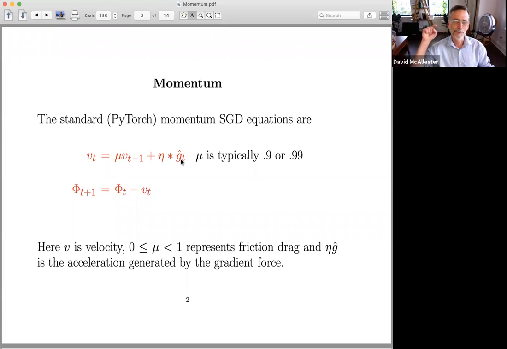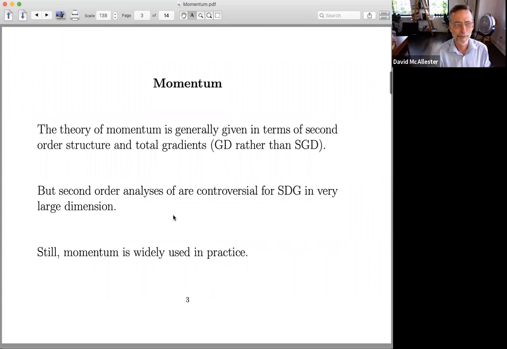So you have a force in the direction of the gradient, but that force acts on the velocity, and the velocity changes slowly, and we update the parameter by the velocity, right? So the velocity has momentum now, so a given force affects the velocity for a while over time. Okay, those are the equations that define momentum.